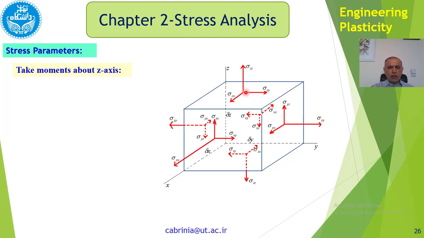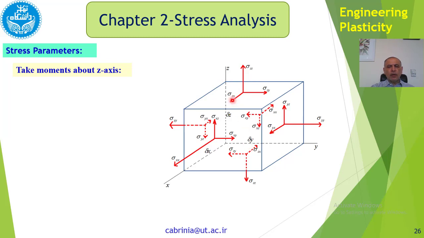And the other one, sigma zx here, again times the area of the plane, which is delta x delta y, and because it's in the middle of the plane and the distance to the z-axis is half of this, which is delta y over 2.